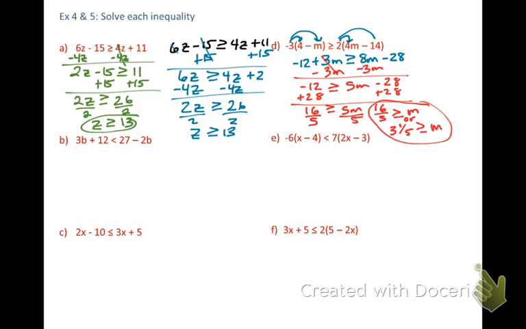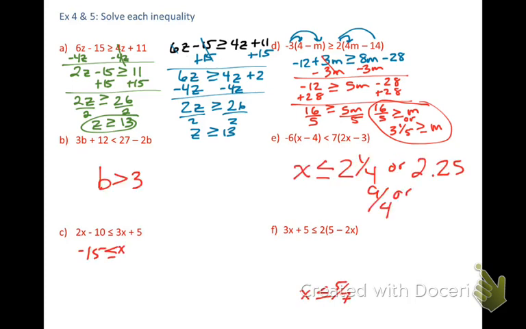All right. I'd like you to do B, C, E, and F and put me on pause, check it out and see if you got the right answer. If you didn't, check maybe where you might have gone wrong because I'm just giving you the answer. Please show all your work.